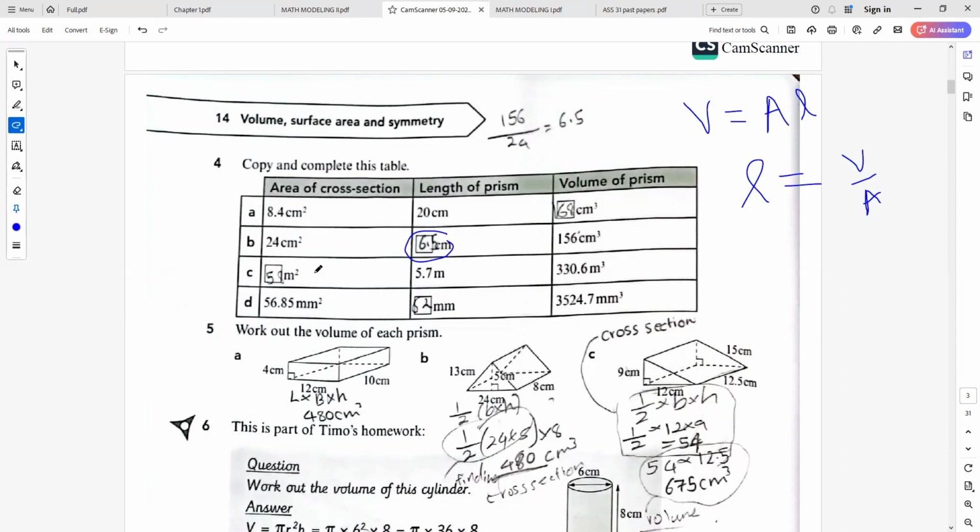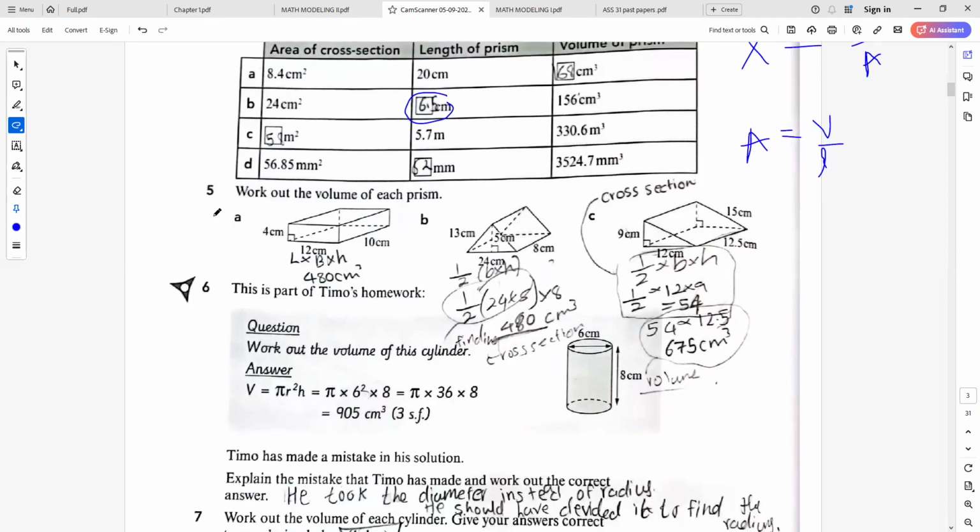So 156 by 24. Then again, if you want to find out area, in that case also you have to divide the volume by length. So volume divided by length. So for the third case, you have to divide this 330.6 meter cube by 57 meter.